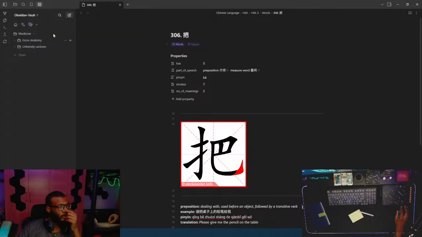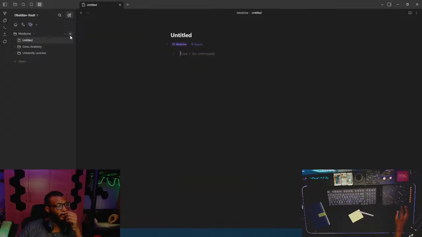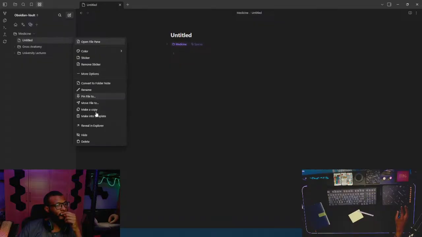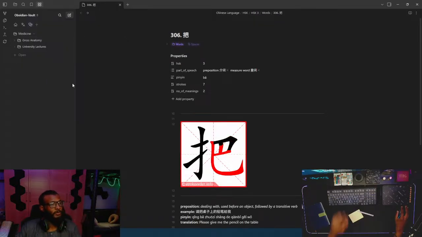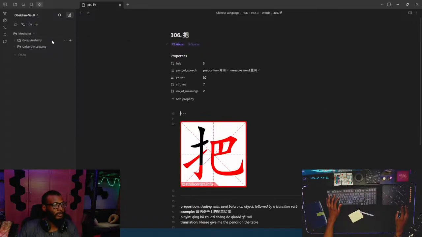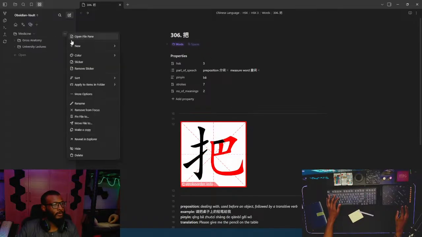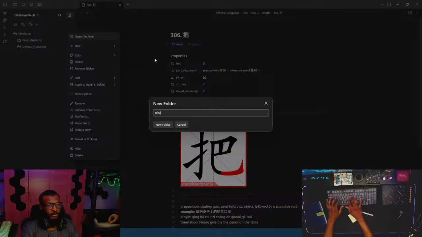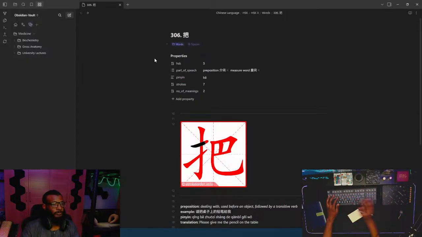Create a folder. No, not folder. It's not this. Biochemistry, called carbohydrates.